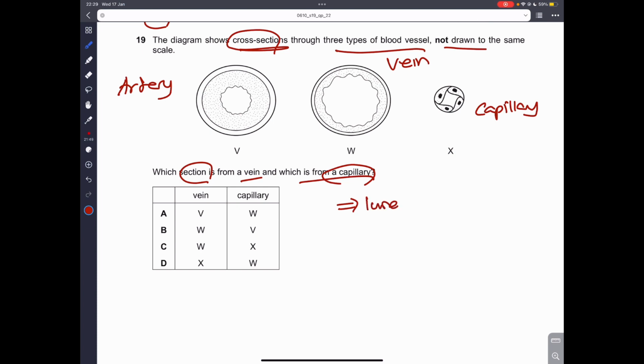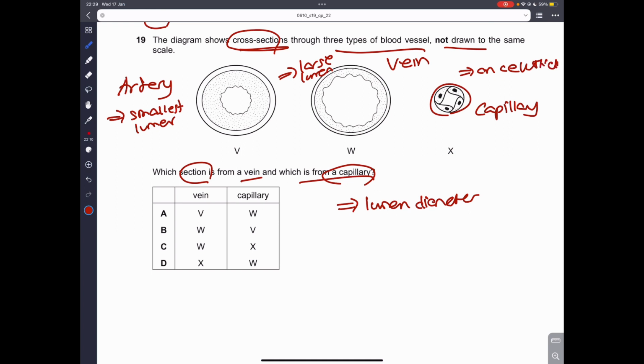We can look at the lumen size or lumen diameter of each. So the artery has a smaller lumen than the vein, and the vein has a large lumen. Right. And capillaries are basically just one cell thick.